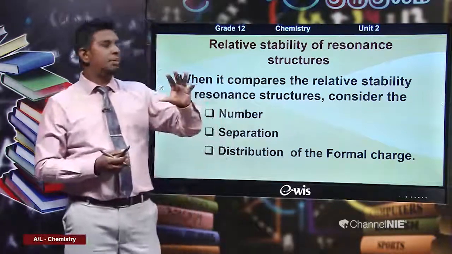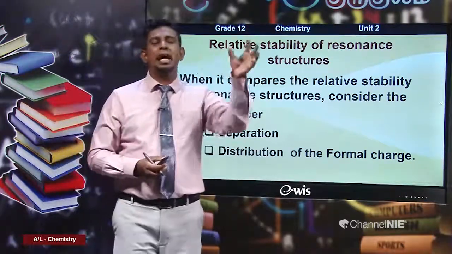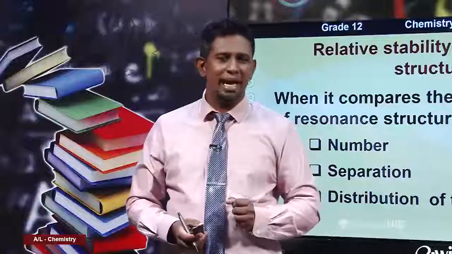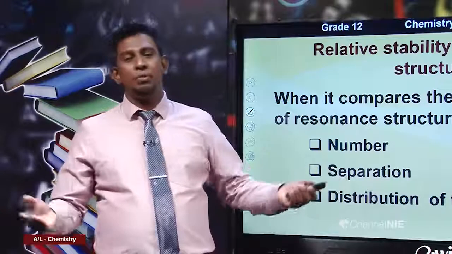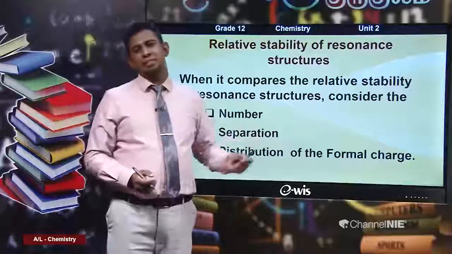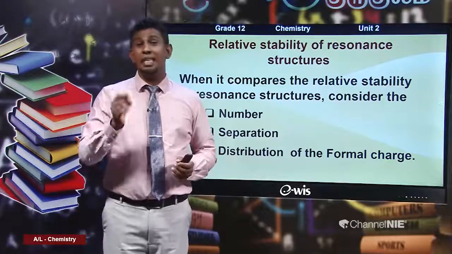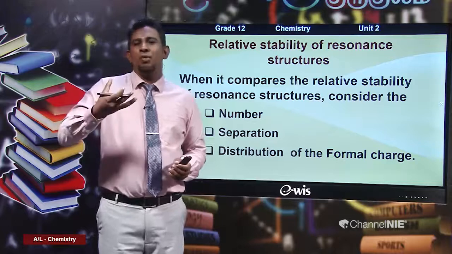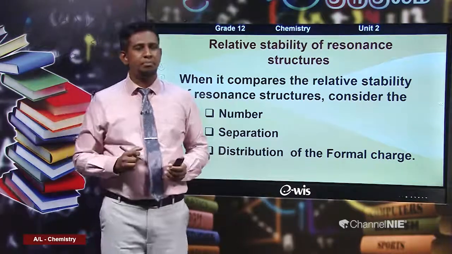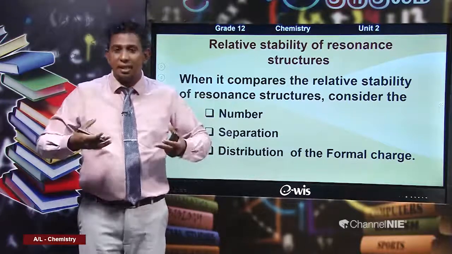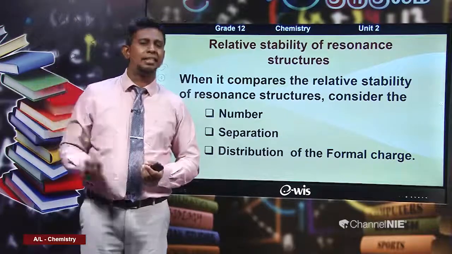You add them up and take the count of total charges, not worrying about their sign. Students, you need to first take the total number of charges. It's very, very important in deciding which one is more stable. In that, when you have fewer total charges, that's the best.